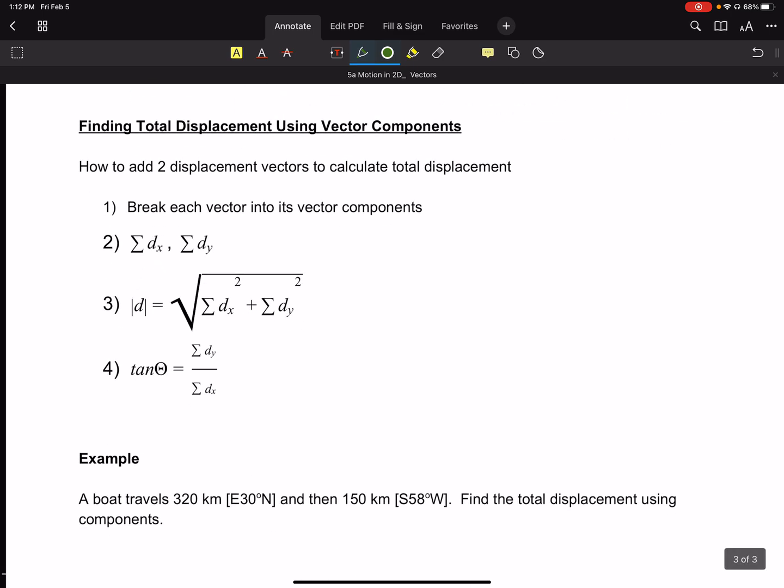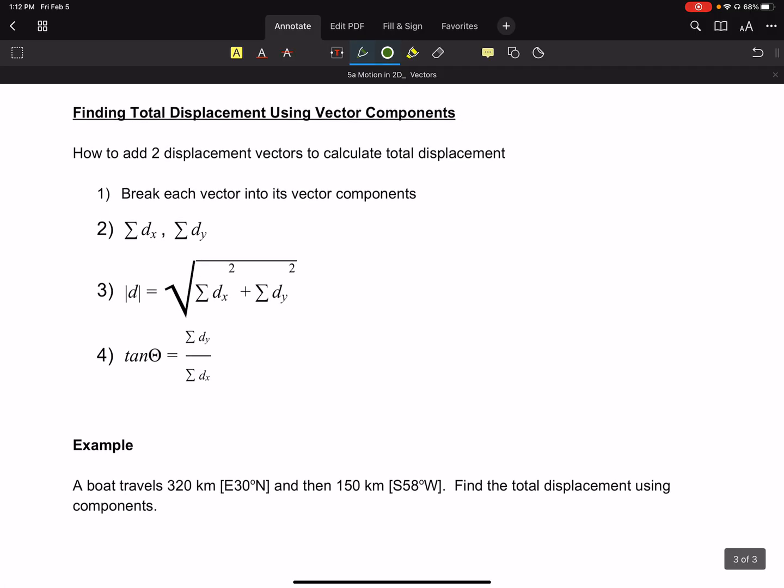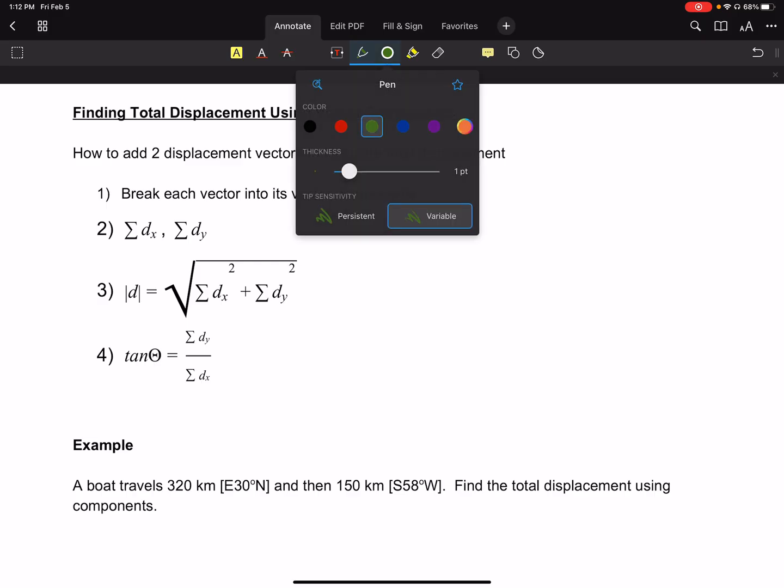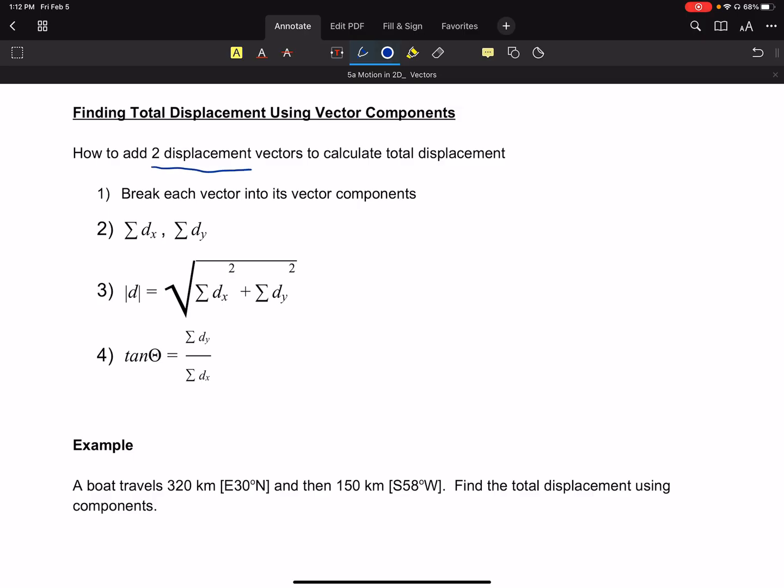Now, finding total displacements. Total displacement is when you're having multiple displacements at once, so you're changing position multiple times.